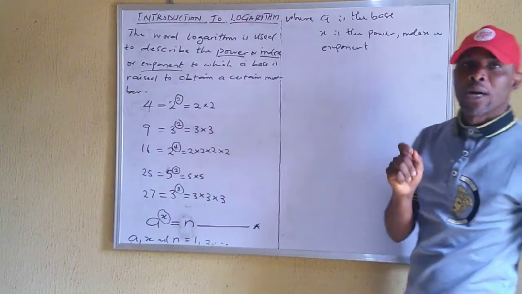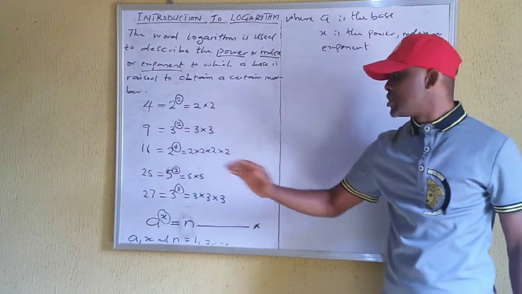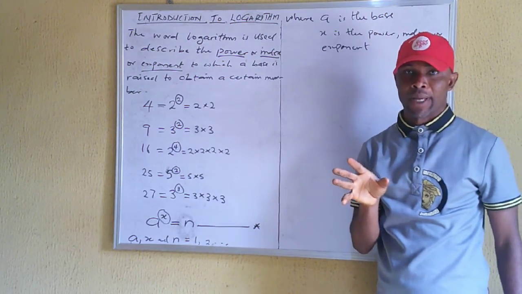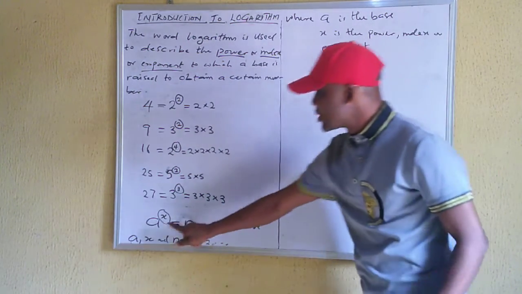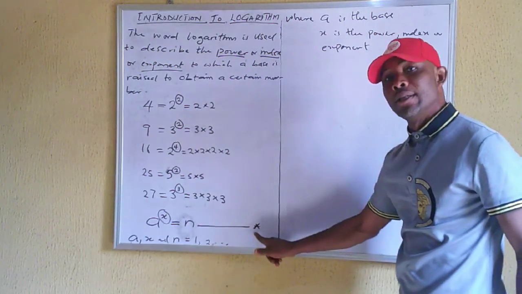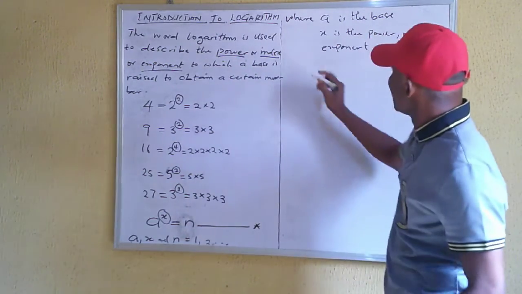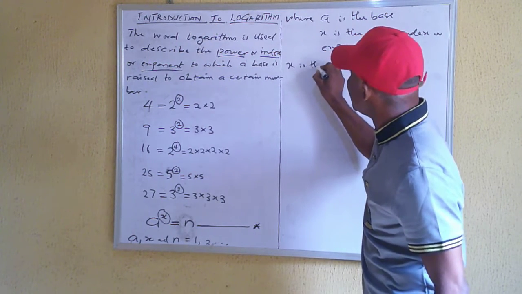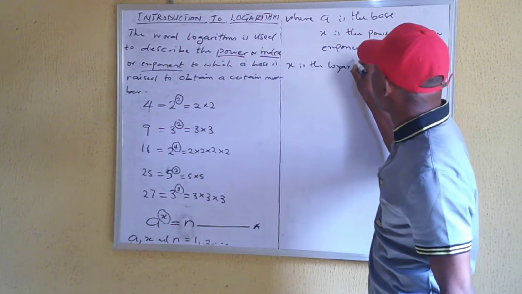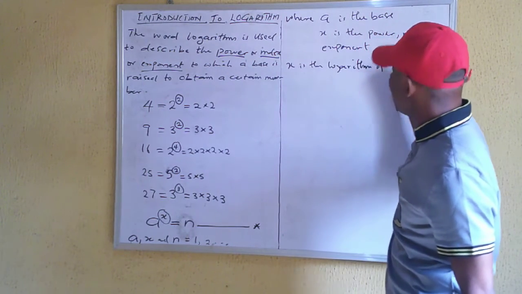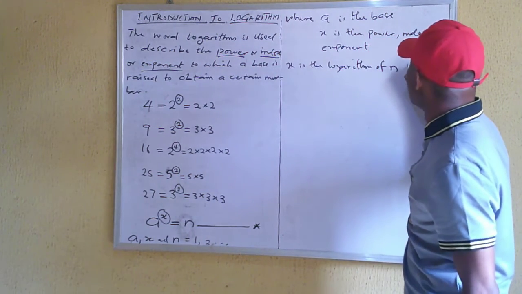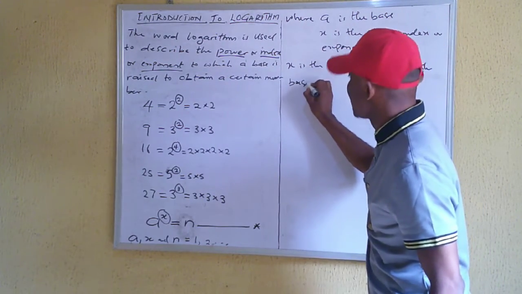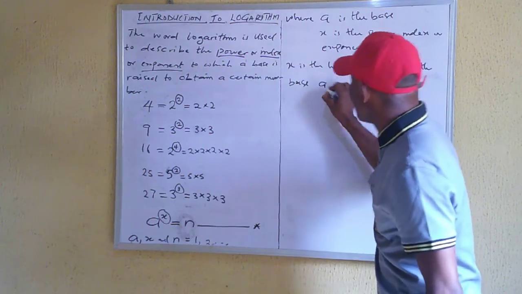Now, the next question that comes to mind is, how do we change all of these numbers into a logarithmic form? Look at this. Using the generalized term, a raised to the power of x equals n, this can be interpreted as x is the logarithm of n to the base a.